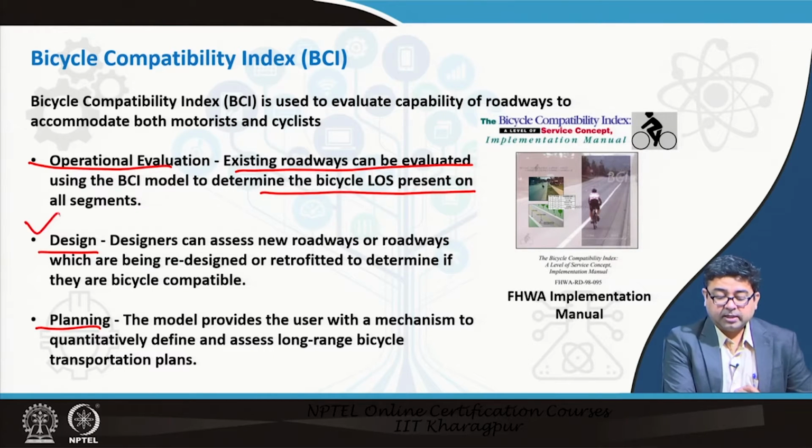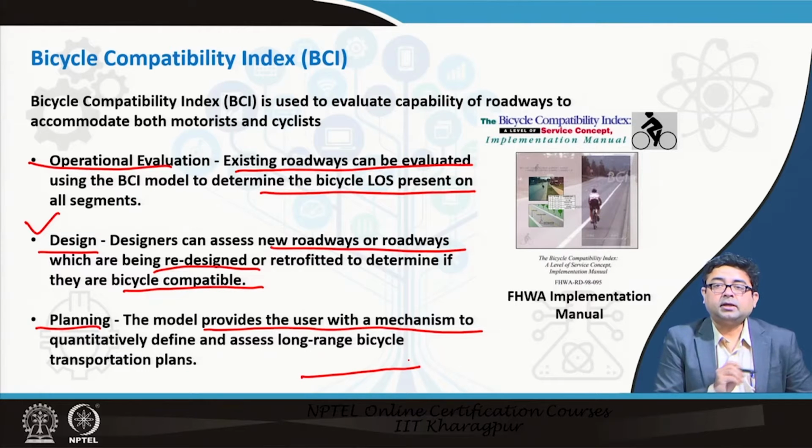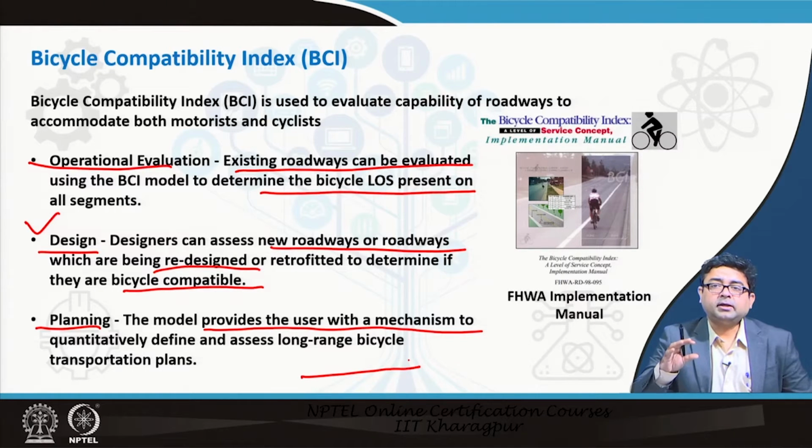Designers, on the other hand, can assess new roadways or roadways which are being redesigned or retrofitted to determine if they are bicycle compatible. And for planning stages, the model provides the users with a mechanism to quantitatively define and assess long range bicycle transportation plans.